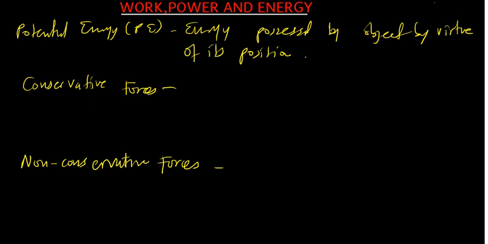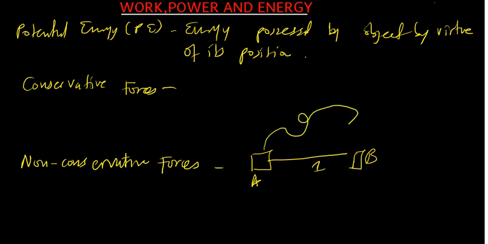So take for example, if you've been given an object which is at point A and then it goes to point B. Let's say you've got two paths, coming from point A going to point B. You have got the first path, which is path 1, and then a second path, path 2.